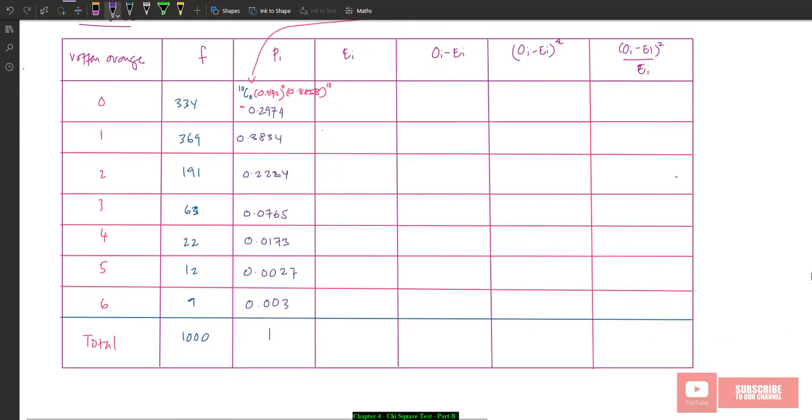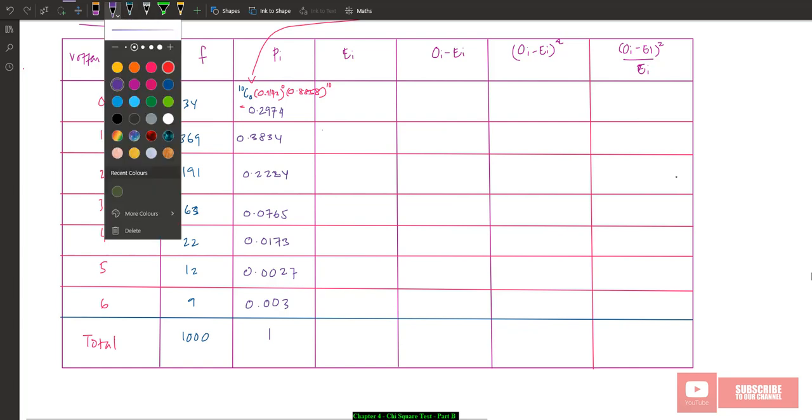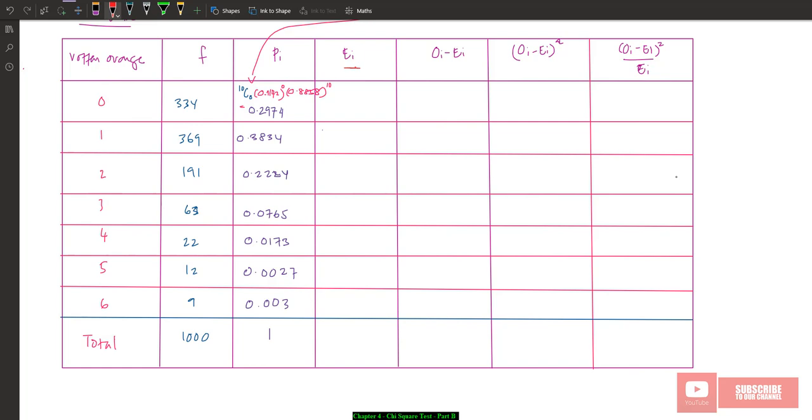Since we already calculated the value of p, now we should calculate the value of expected frequency. The expected frequency is equal to n multiplied with the probability of each category. So 1000 multiplied with 0.2974 gives 297.4.